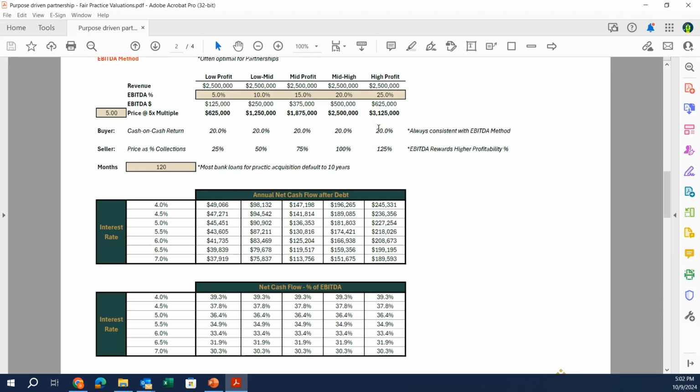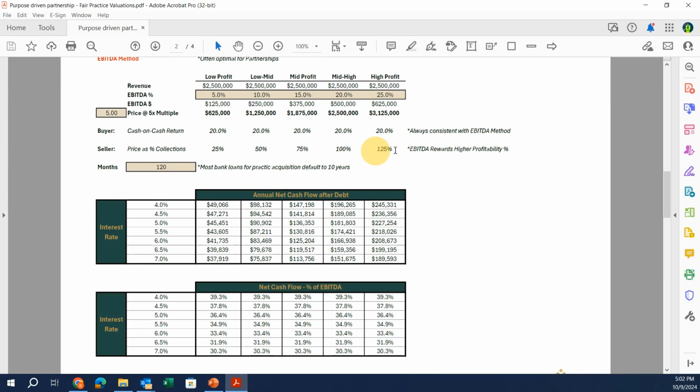This is one of the reasons why DSOs and private equity firms have pushed the sales price of practices above the historical 75, 80% of collections, and even in some cases above 100%, because the DSOs and the private equity firms are focused on generating cash on cash returns, and they want to optimize that, and they want to be able to predict their outcomes so they can provide returns to their investors themselves.